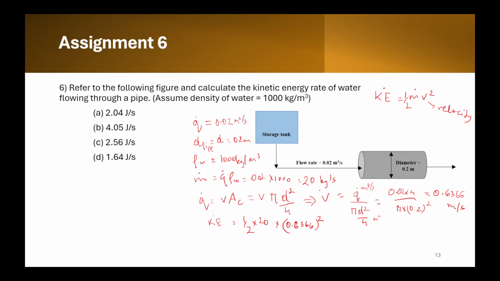So it comes out to be roughly 4.05, which is 4.0526. What will be the unit? Joule per second. So kinetic energy is in joules and rate of kinetic energy will be joule per second. So the correct option here is B part.